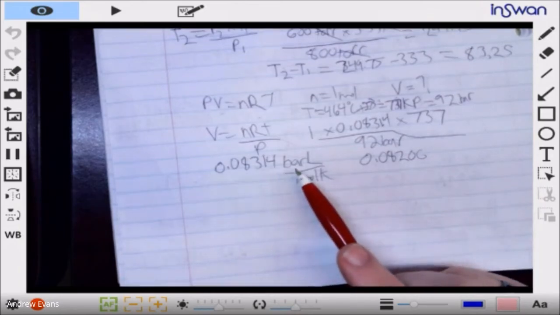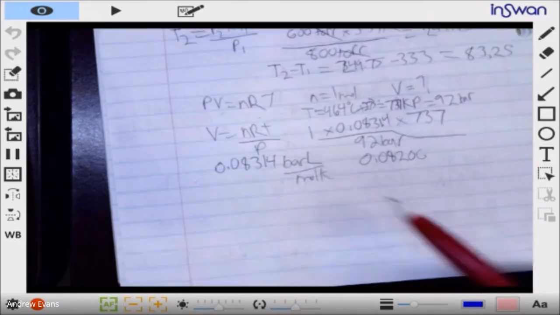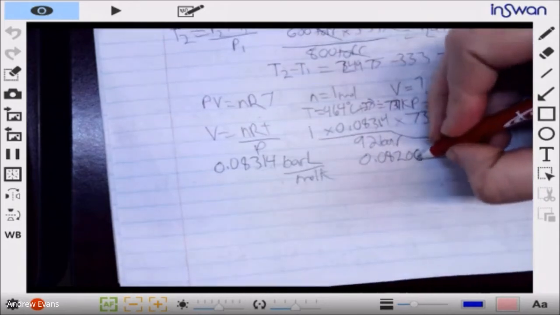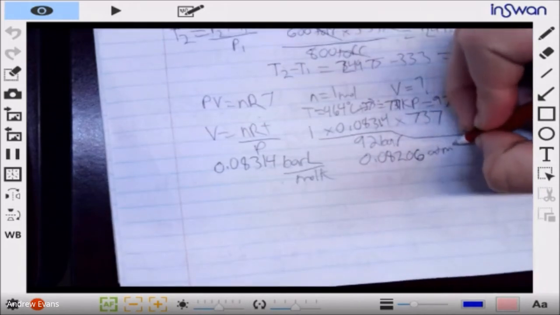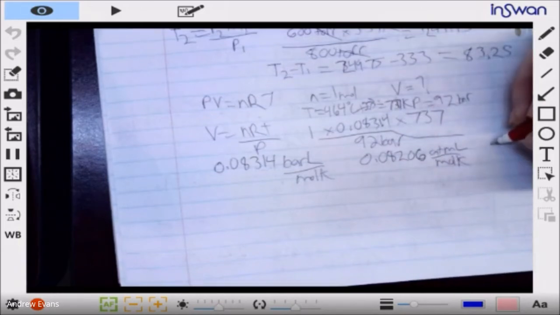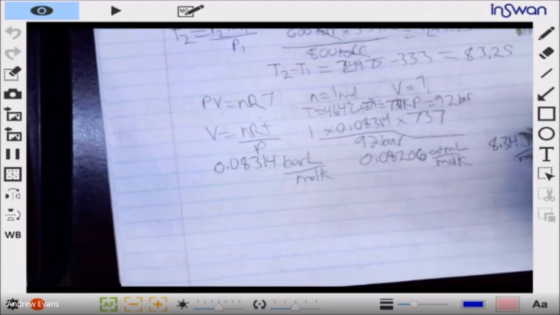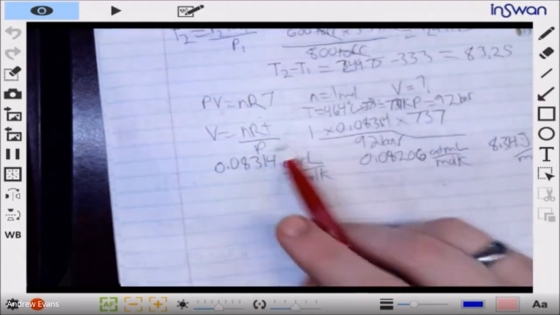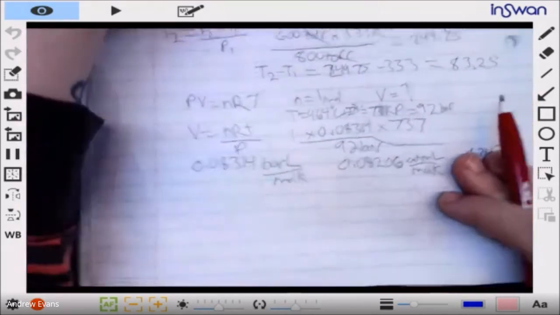0.08314 is bar liter per mole Kelvin. 0.08206 is atmosphere liter per mole Kelvin. And the one you're thinking of is 8.314, which is joules per mole Kelvin. This is actually a rearrangement of this. Sorry, that's kind of off.